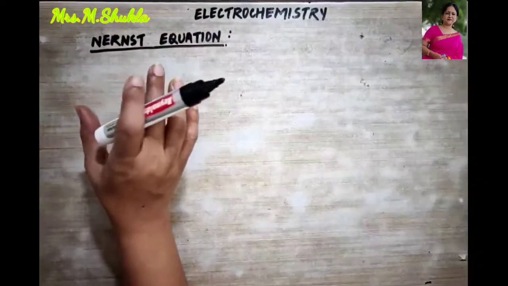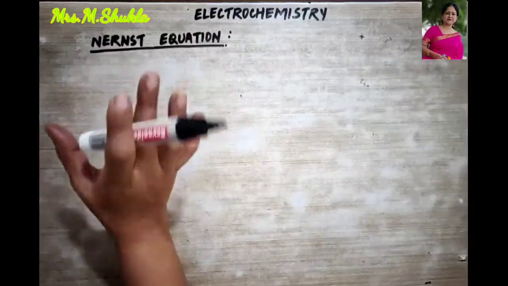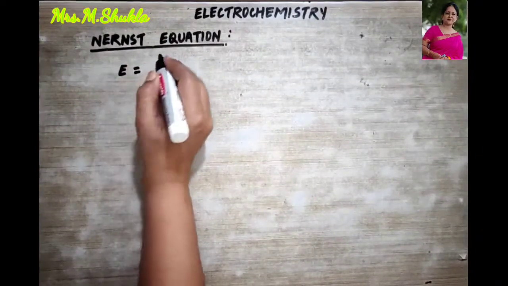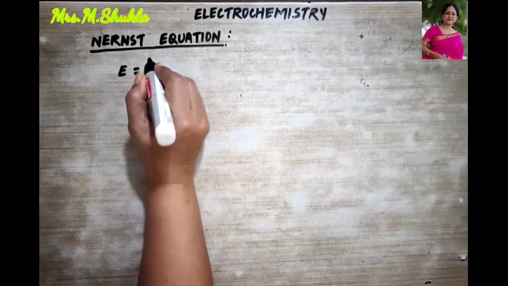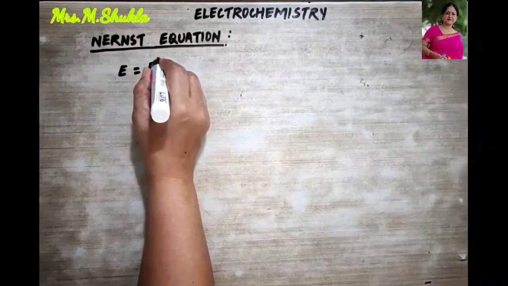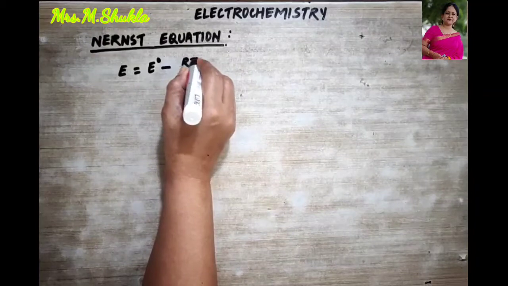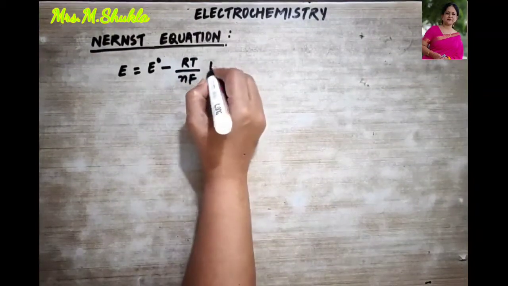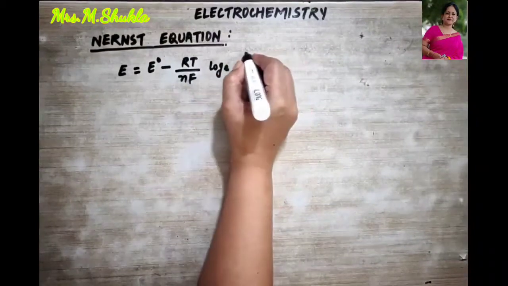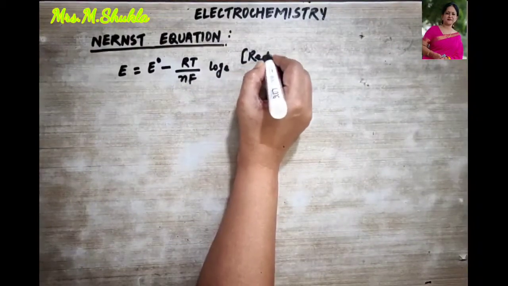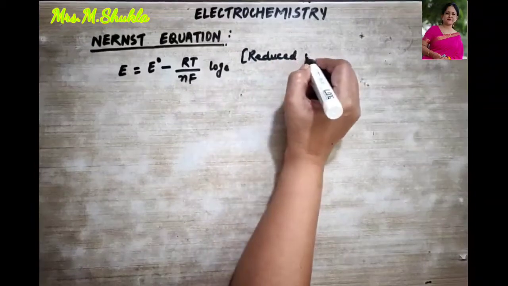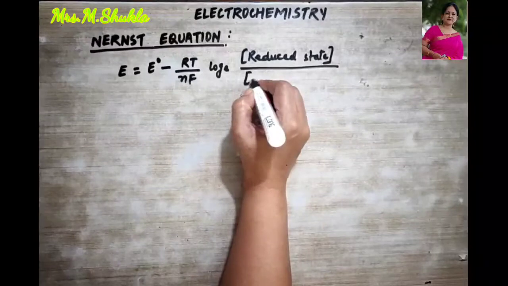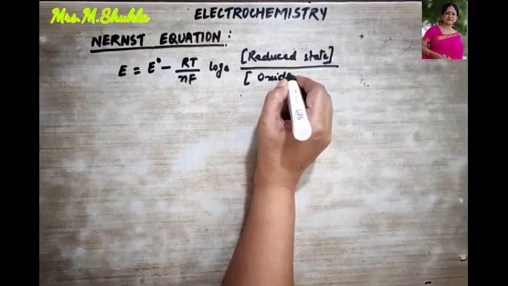So for an electrode involving the process of reduction, your E will be equal to the standard reduction potential minus RT upon nF log [reduced state] upon [oxidized state].